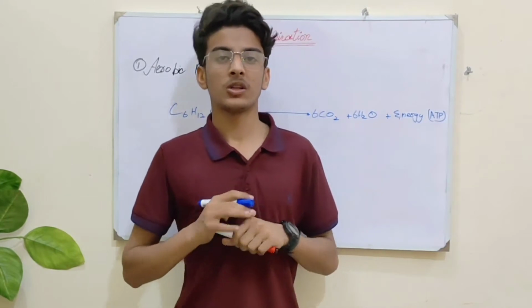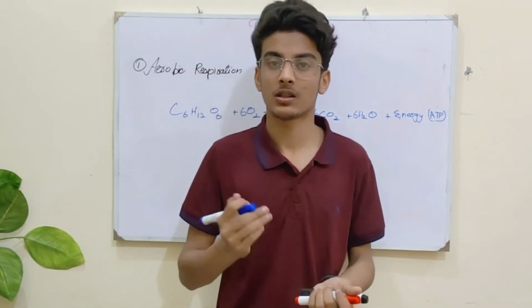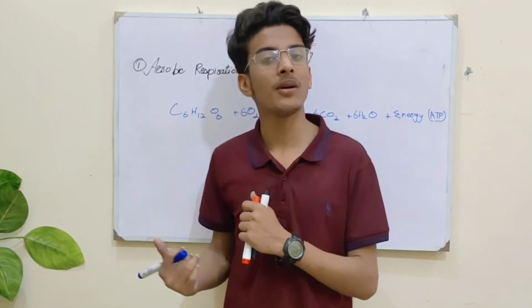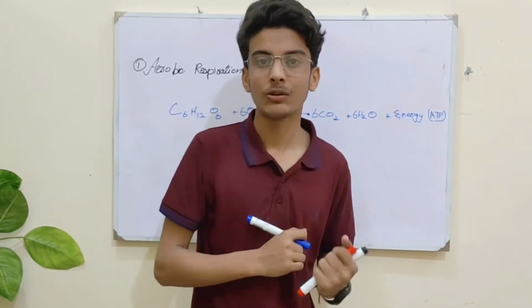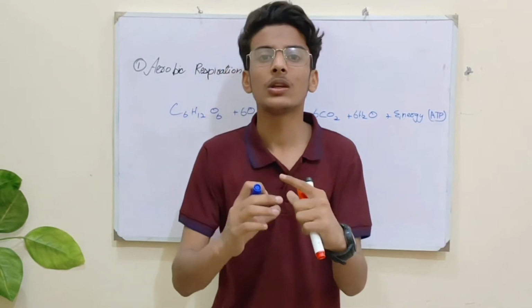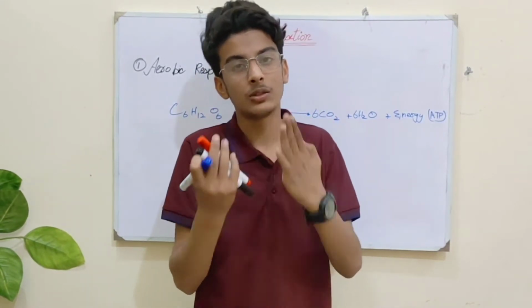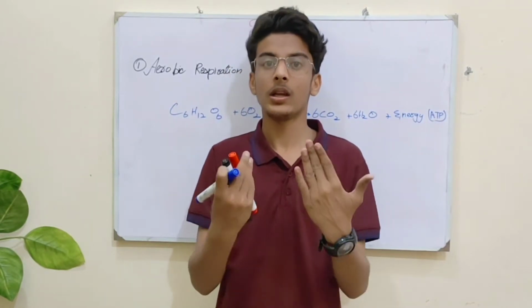In aerobic respiration, glucose or food substances, carbohydrates, break down in the presence of oxygen into carbon dioxide and water molecules and energy. Water and carbon dioxide are waste products here, and the energy in the form of ATP is used in our daily work.